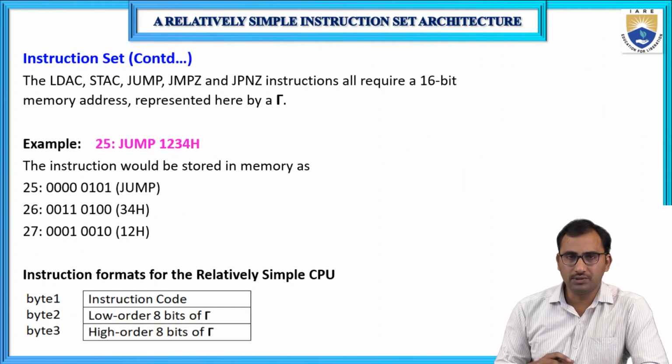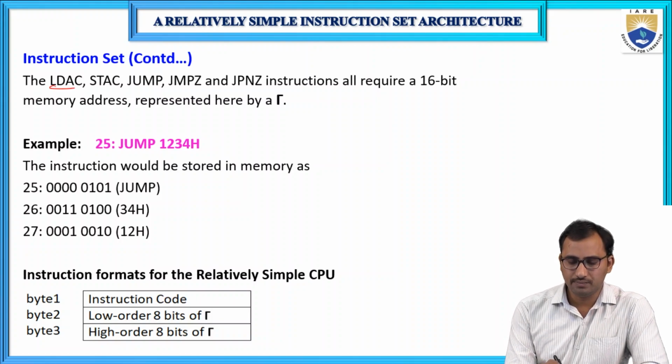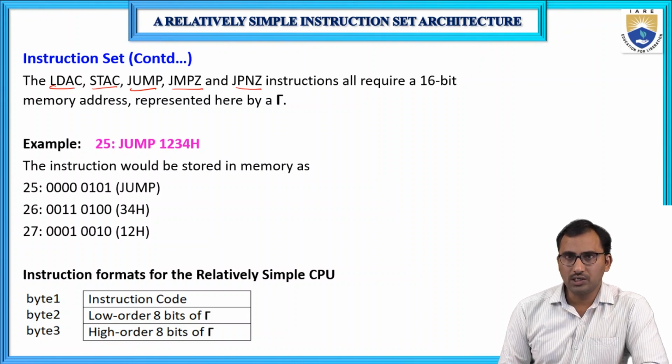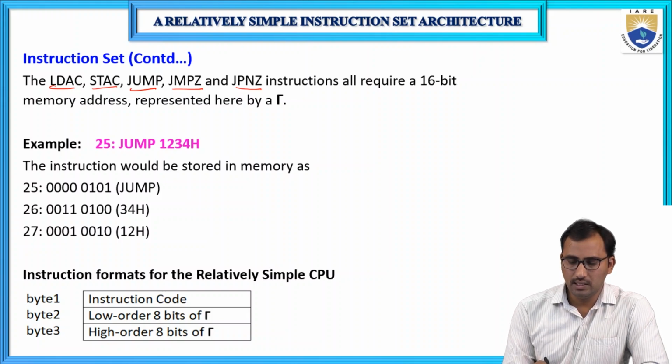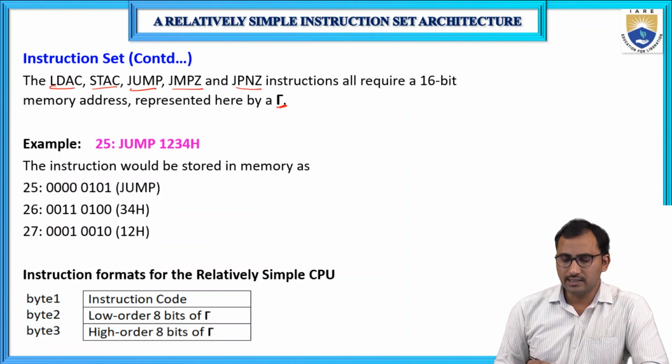And just before, we have seen the different instructions. Out of that, LDAC, STAC, JUMP, JMPZ, JPNZ, these instructions all require a 16-bit memory address, represented here by gamma. All these instructions are associated with the memory.